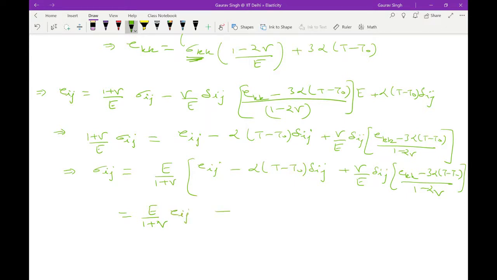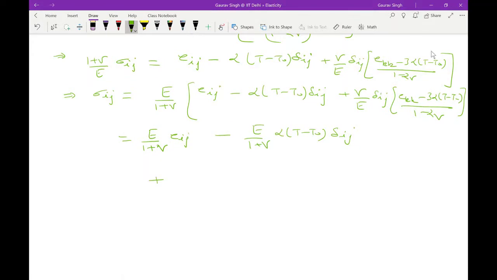This should be E by 1 plus nu alpha (T minus T naught) delta ij, plus nu by 1 plus nu delta ij times ekk minus 3 alpha (T minus T naught), and this should be over 1 minus 2 nu.